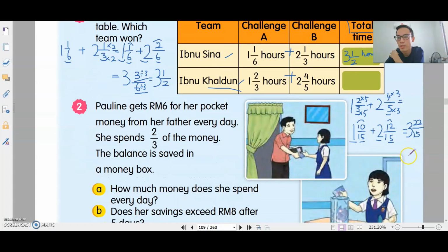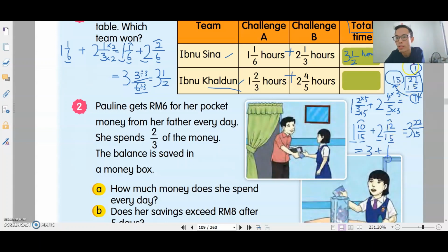If you see here, we have an improper fraction. So we need to change the improper fraction. 3 remains. Now this 22 over 15, we change to a proper fraction. So 22 divided by 15. 1 times 15 is 15, balance is 7. So clockwise, 1 first, and then we go down to 7, and then we go to 15.